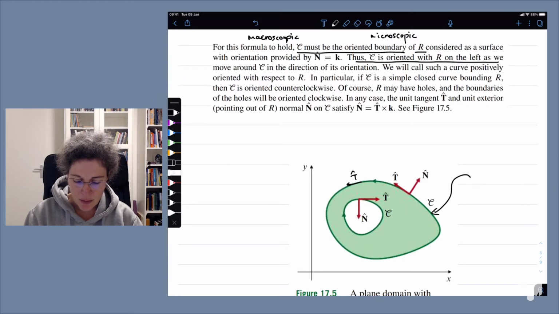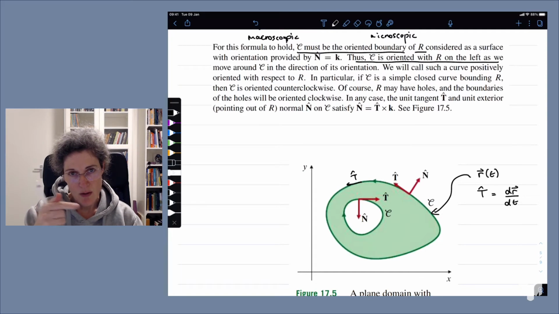Remember, if our curve is parameterized as r of t, then dr by dt will give us the direction of the tangent vector, and then you normalize that, I mean, you create a unit vector.